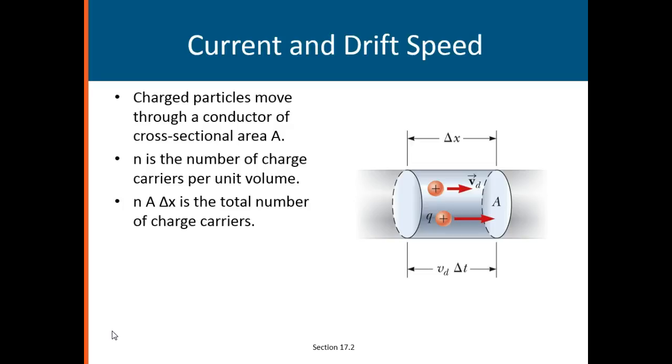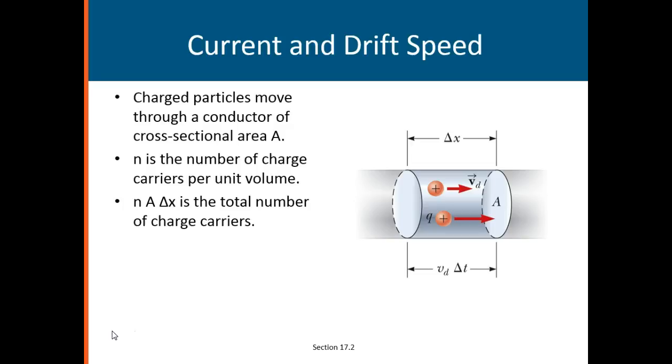Now, they said nothing about time here. If you measured the time for that, then you could back up and get the drift velocity. The V sub D, the drift velocity, times the time is meters per second times seconds, which gives you meters.